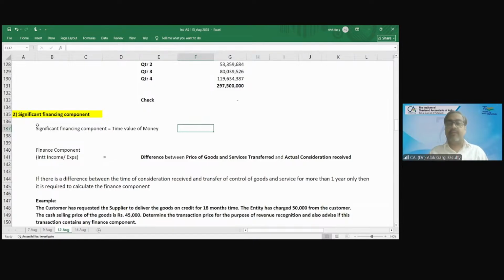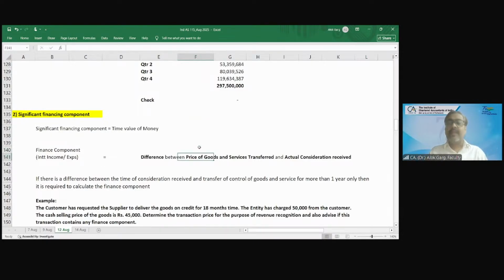It's a difference between the price paid, meaning the consideration received, and the fair value of the goods and services, right? So it's a difference between fair value of goods and services and consideration received.